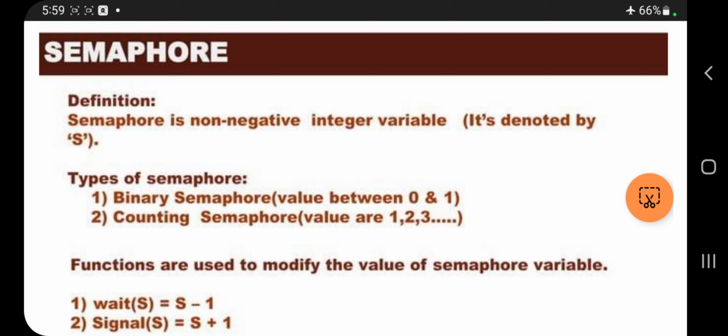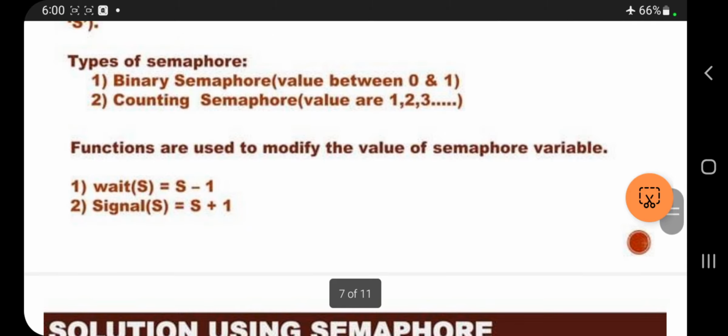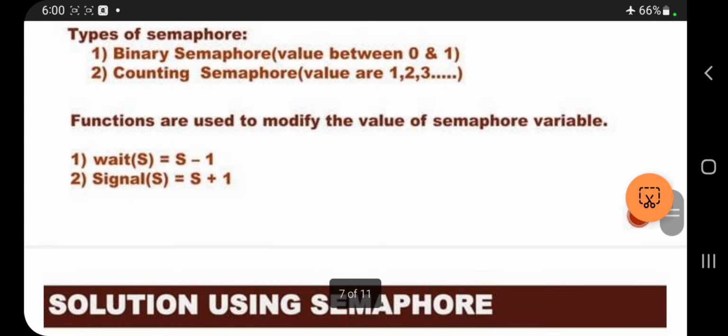The first one is the binary semaphore and the second one is the counting semaphore. The values of a binary semaphore lie between 0 and 1, and the values for a counting semaphore start from 1, 2, 3 and so on. And there are two functions which are used to modify the values of semaphore variables. The first one is wait(S) and the second is signal(S).